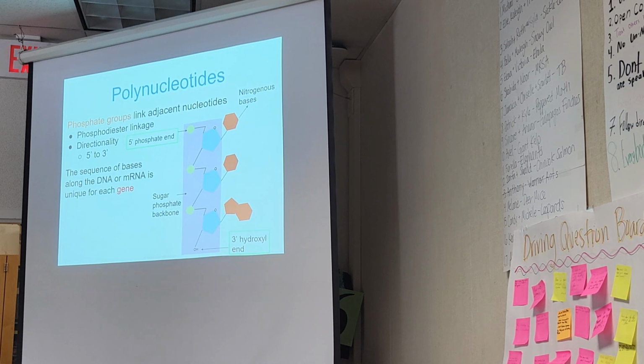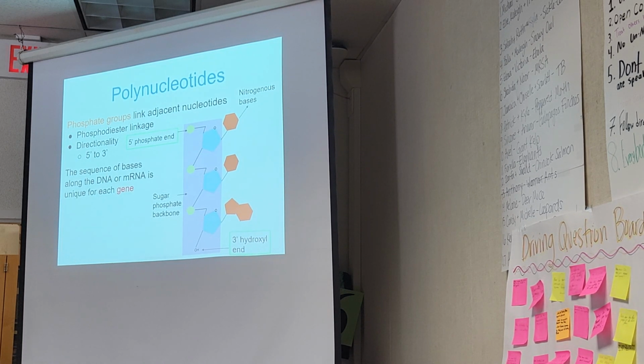The sequence of the bases along the DNA or mRNA is unique for each gene. What were the bases again?